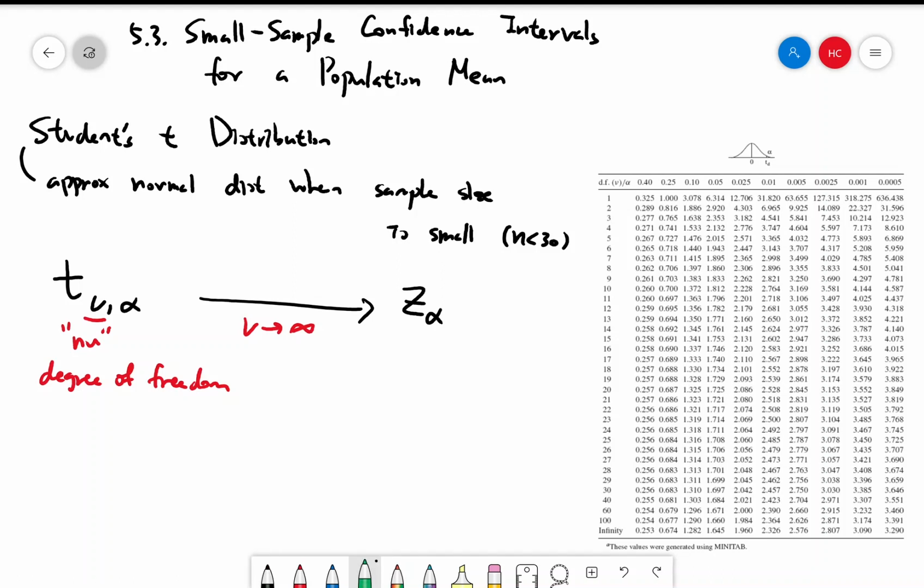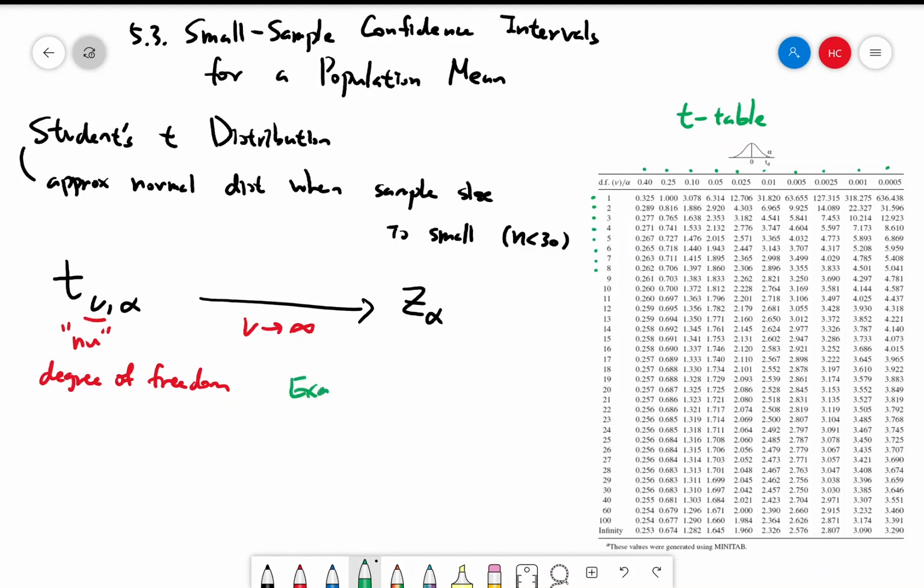Technically, for each value of nu there should be a table, but there would be way too many tables. So instead, at the end of the book, you can find a t table, and for each value of nu and certain values of alpha, we can find a value of t.